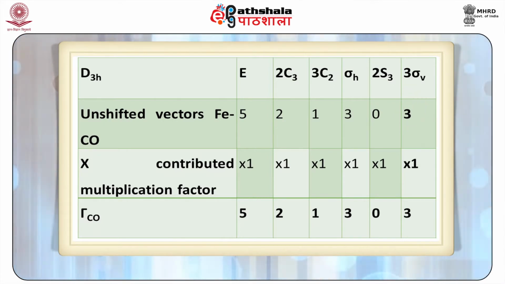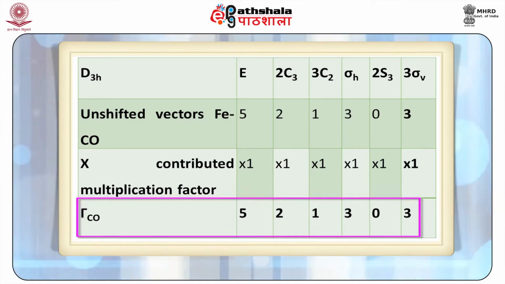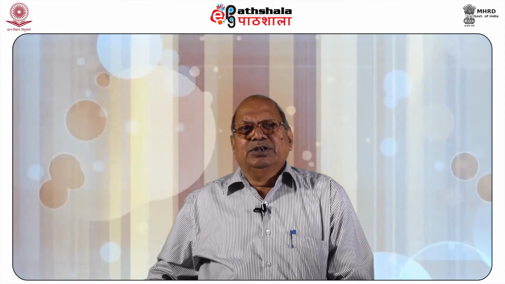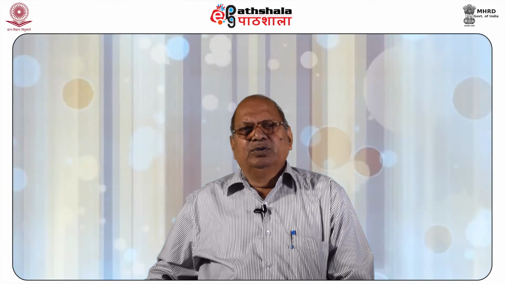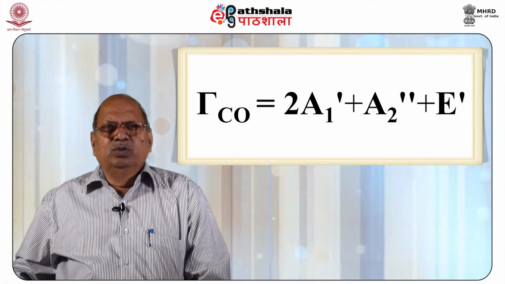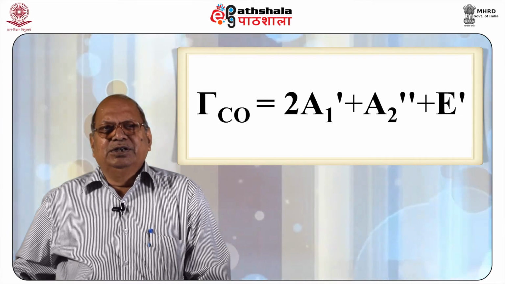So Γ(CO) is 5, 2, 1, 3, 0, 3. Using the standard reduction formula, this can be reduced to irreducible representations: 2A1' plus A2'' plus E'.